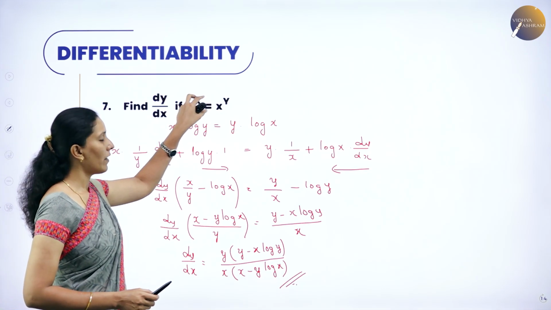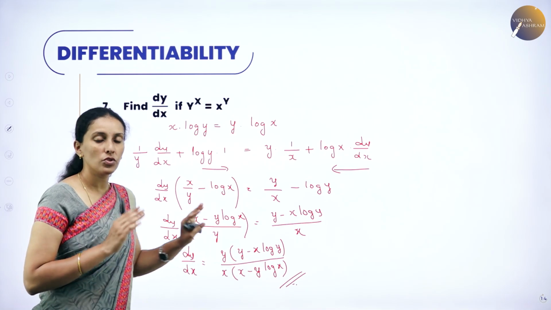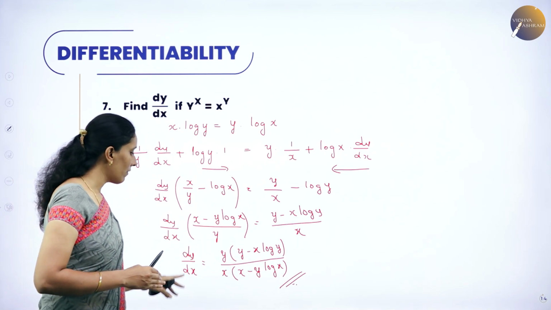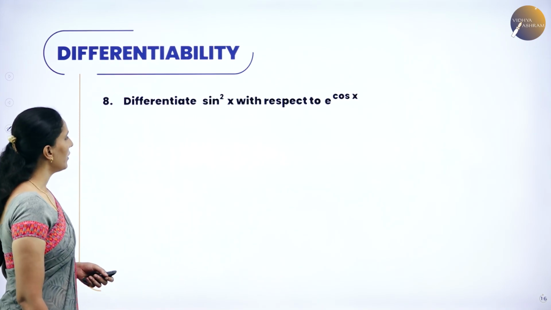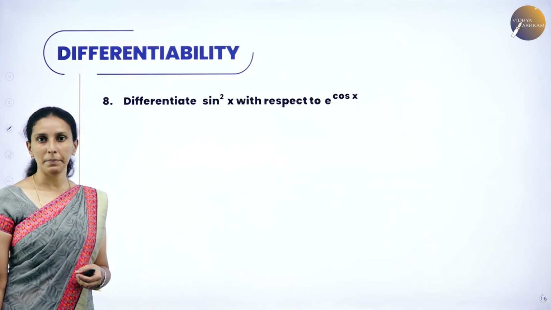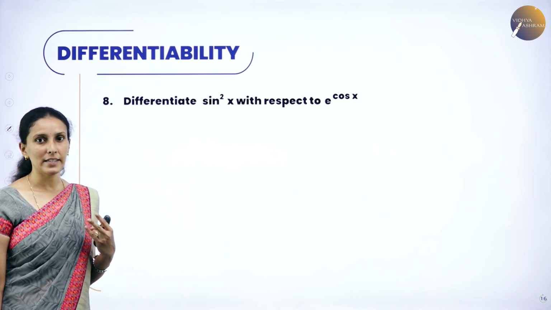Sometimes they will give you the function and ask you to prove dy by dx is this, which is one and the same. So finding dy by dx or proving the dy by dx as the required result is one and the same. Next question, differentiate sin square x with respect to e to the power cos x. So here we have two functions separately.